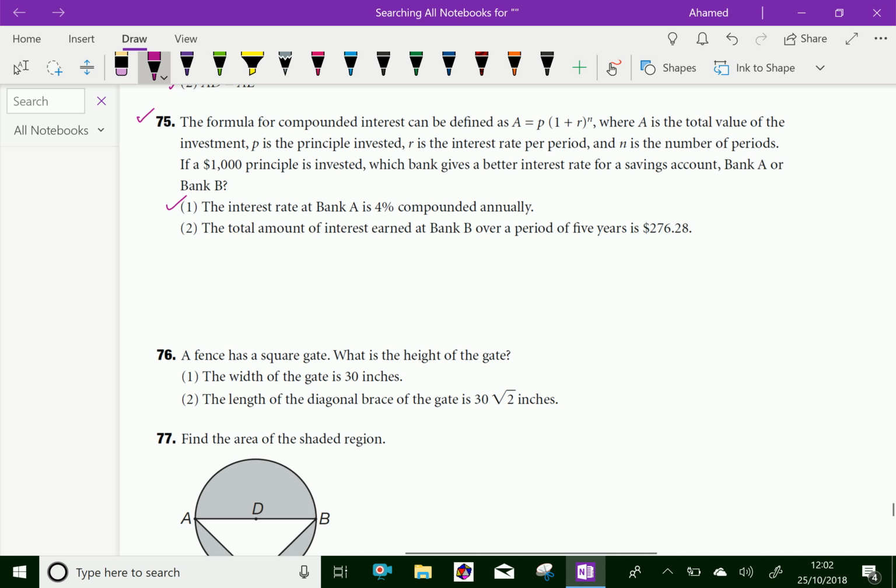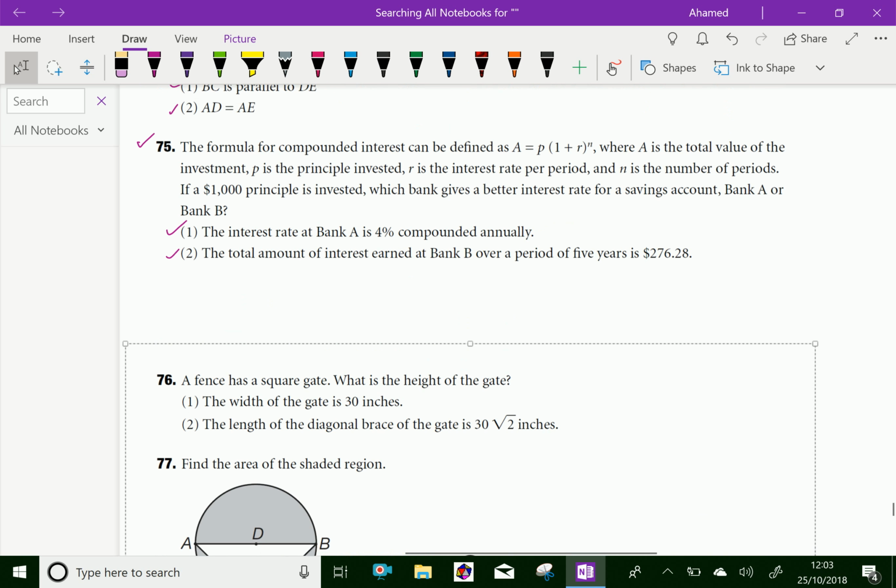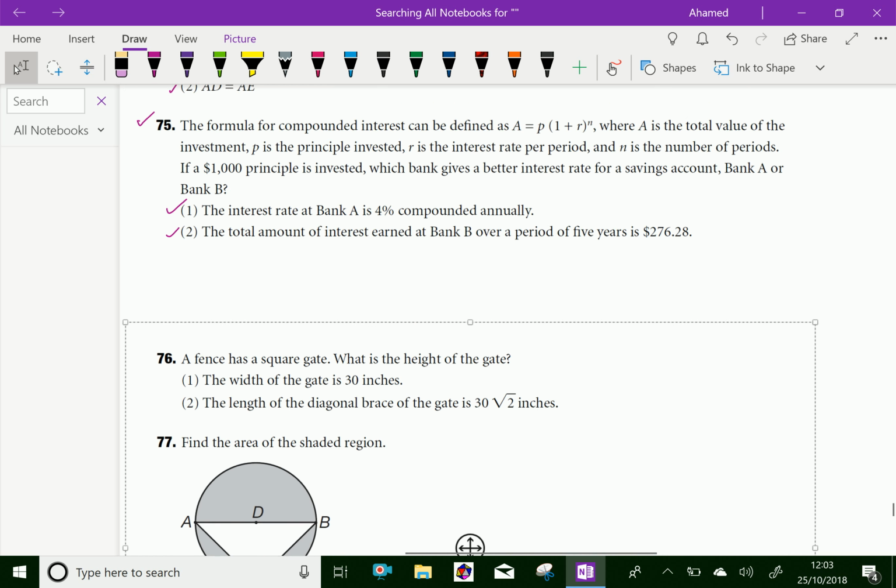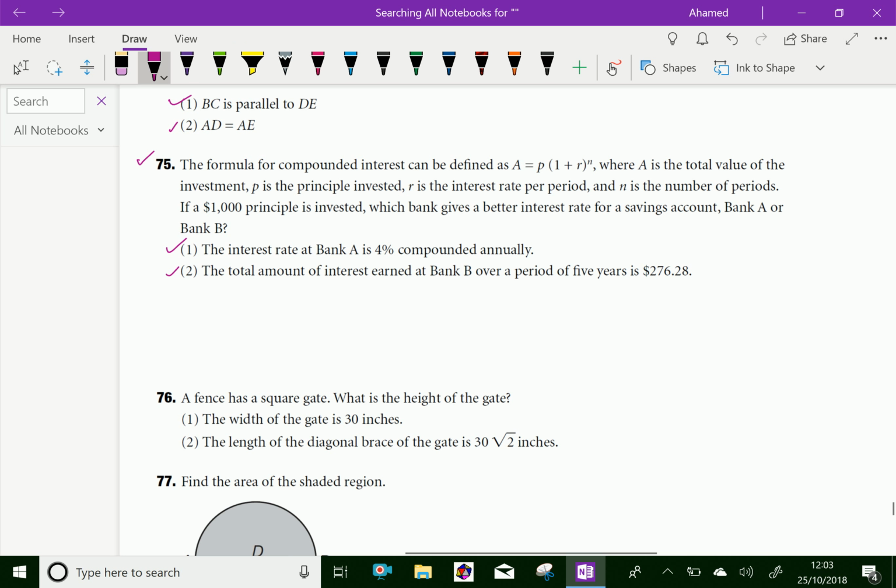So statement 1 by itself is not enough to compare the investment with bank B. Then the second one: the total amount of interest earned at bank B over a period of 5 years is given. Here also we cannot compare the interest rate with the earnings of bank A.